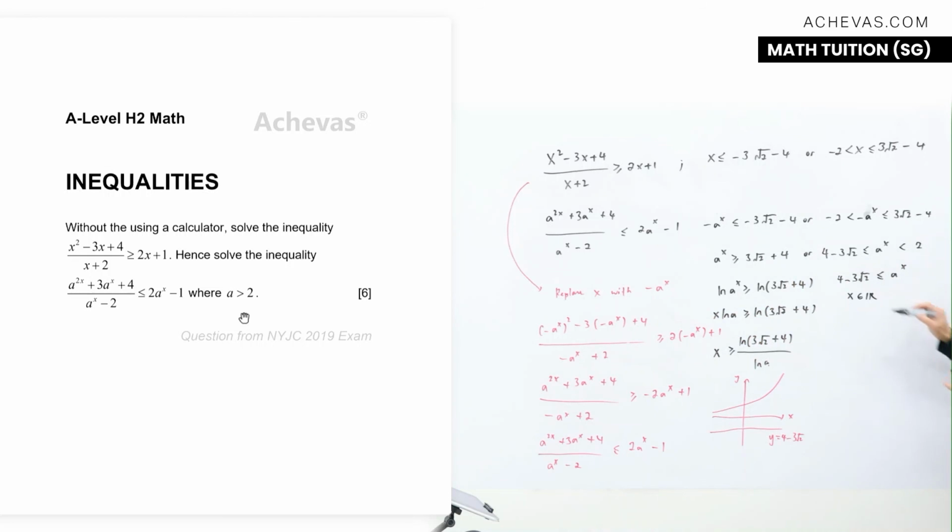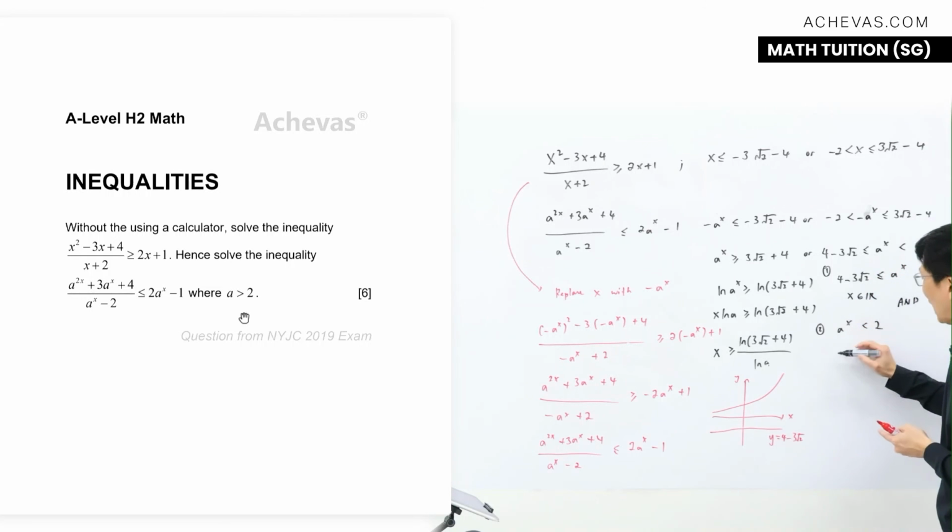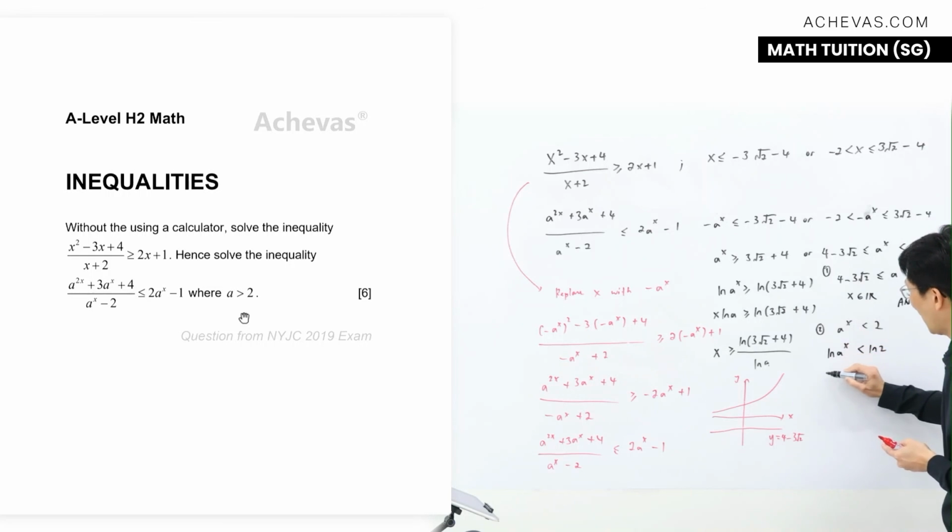And this is the first part of this expression, and the second part is a to the power x lesser than 2. This is the end case. It will just be this and this. So later on, we will be finding the overlapping region between this solution and this solution. And here, I think I can just simply take ln on both sides and bring down the x here. And again, I'm going to divide this over to the right-hand side with the sign not changed because ln a is always positive.